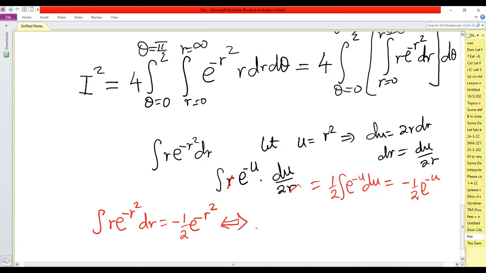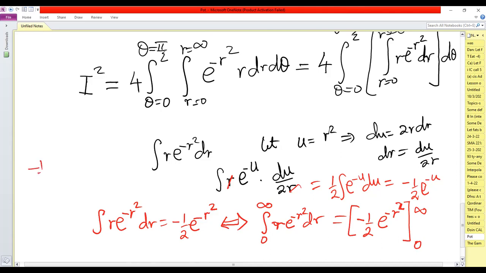Now, when we put in the limits 0 to infinity, we have negative a half e raised to power negative r squared from 0 to infinity. This can be written as negative a half times 1 over e raised to power r squared, with r from 0 to infinity.